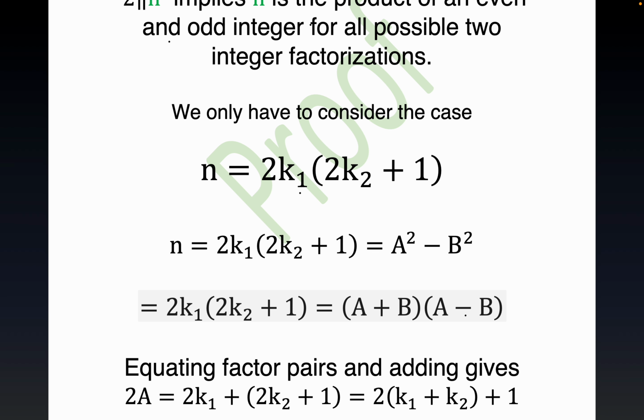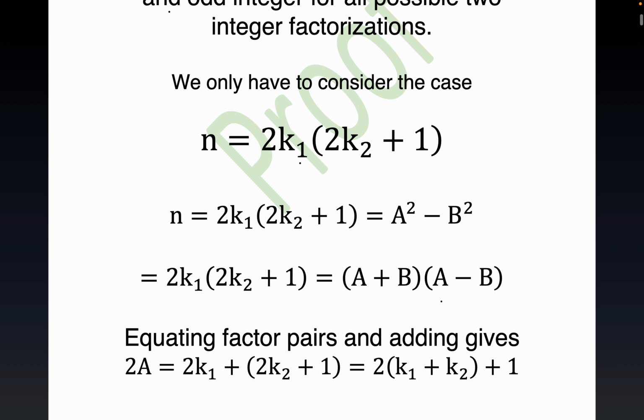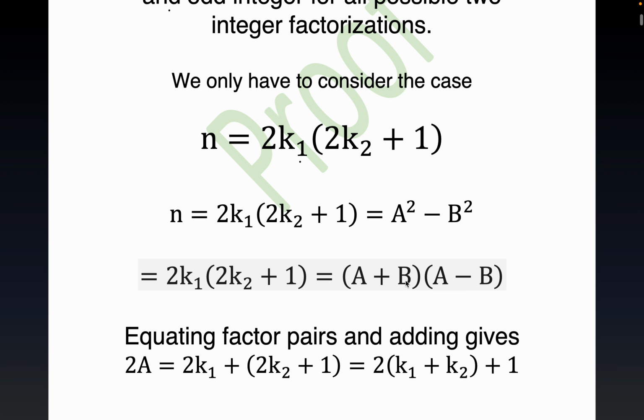And when you equate the factor pairs, that is, when you set 2k1 equal to a plus b and 2k2 plus 1 equal to a minus b, and add them together, you see how the b's will cancel out, but you'll be left with 2a.